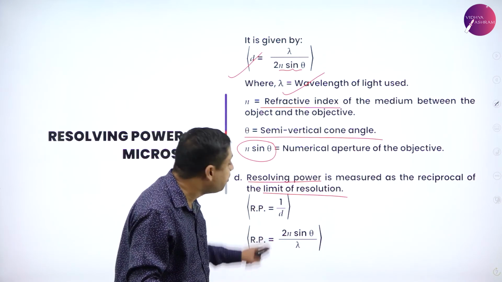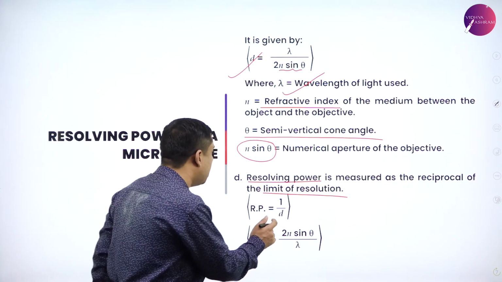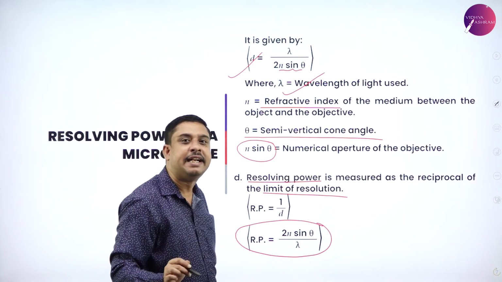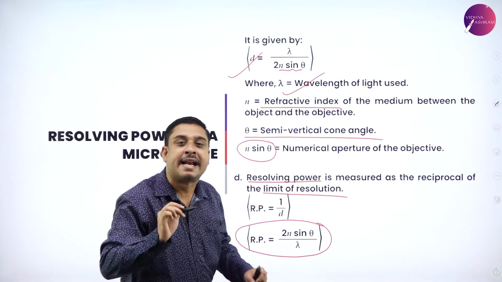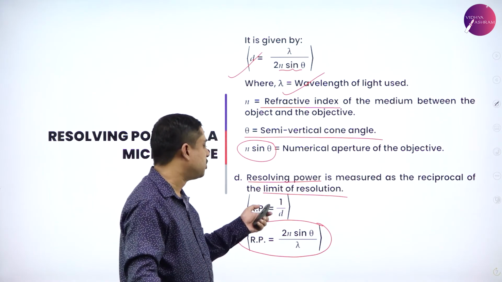So resolving power of a microscope becomes 2n sin theta divided by lambda.